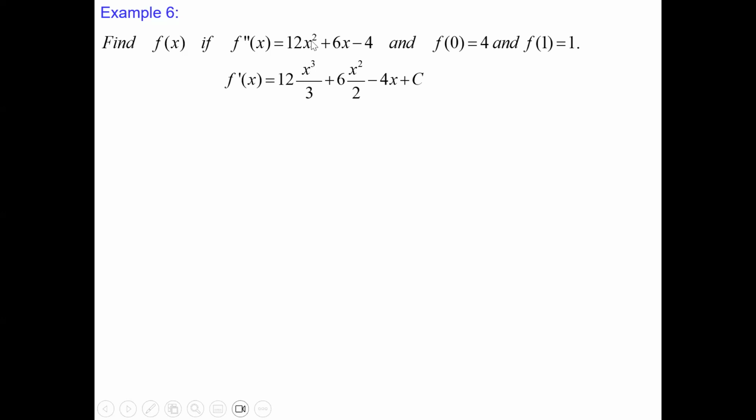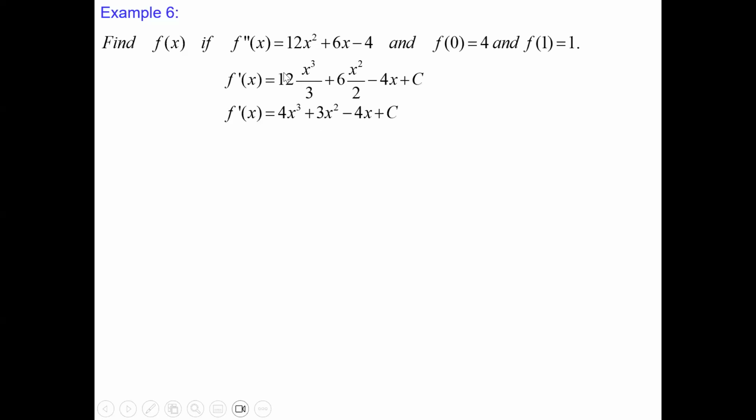Using the formulas, the antiderivative for x squared is x cubed over 3. The antiderivative for x is x squared over 2. The antiderivative for 4 is 4x, because the derivative of 4x is 4. We keep the negatives and positives, plus the constant.